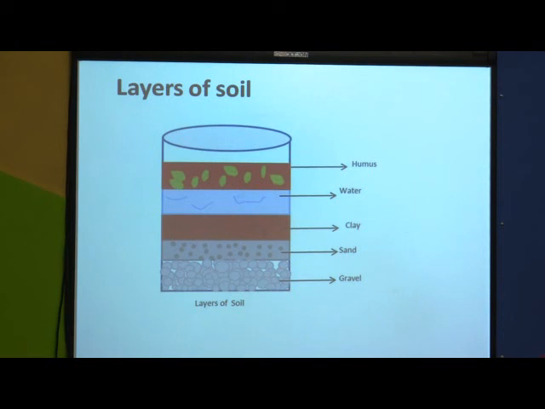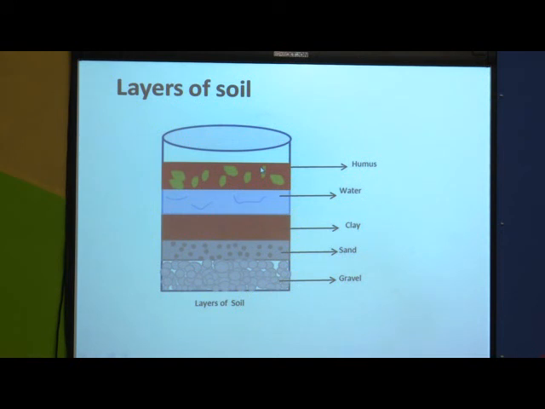Now this is soil that I have collected from the garden. Might be in the garden there were also plants and animals, and they have mixed with this soil. After some certain time, they will come on the top.